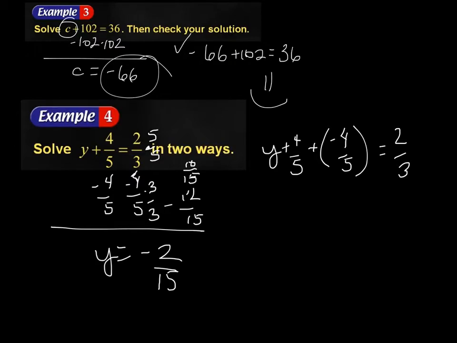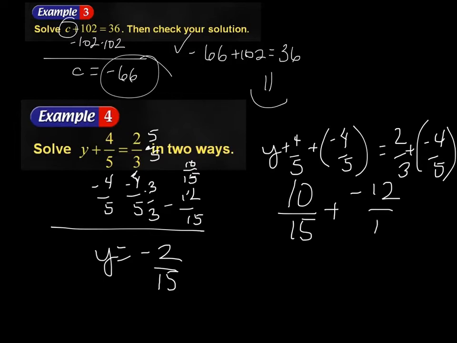But we know that adding a negative is the same as subtracting, so our work would come out exactly the same. We'd have to have a common denominator of 15, so we'd have 10/15 plus negative 12/15. So either way, we're getting negative 2/15.